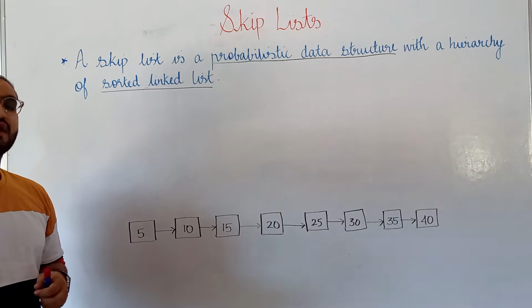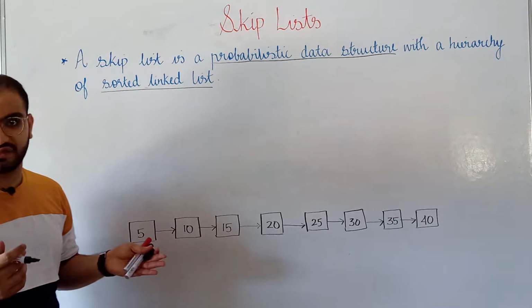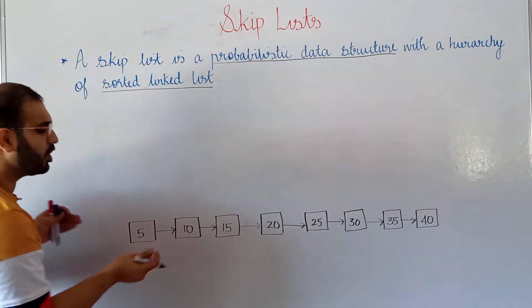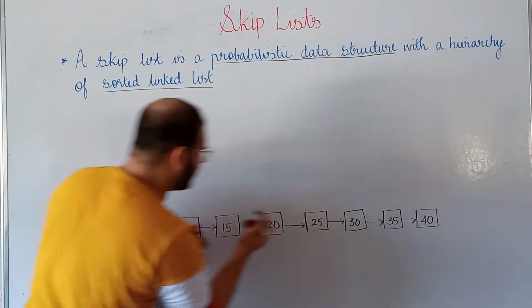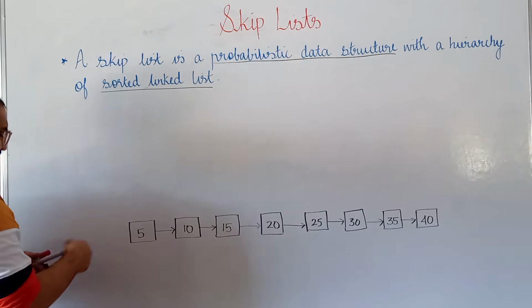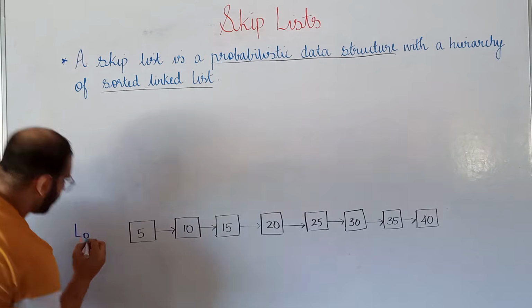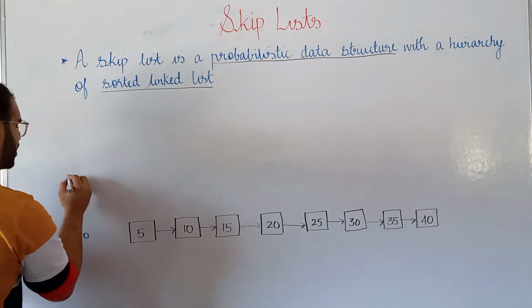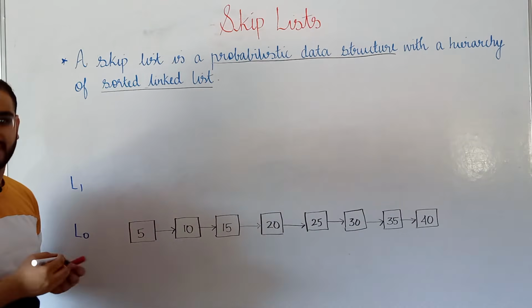When we talk about a skipList, we can have more than one sorted linked list, right? So if I draw another sorted linked list on top of this sorted linked list, for the time being let us call this sorted linked list L0, right? And now I will draw another sorted linked list on top of this linked list, that is L1.